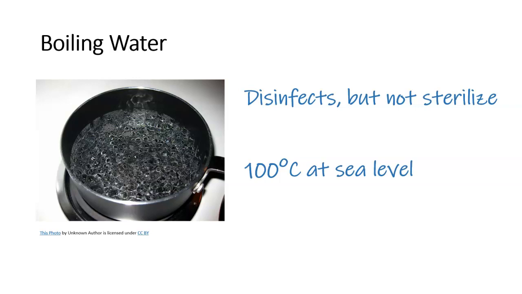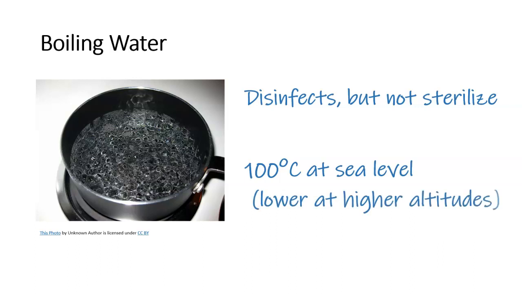And this has been linked to cases of Giardia lamblia or our favorite, beaver fever, where hikers have been out in the woods, they've boiled their water, they think it is safe, but it's not because they're not eliminating the cysts in that situation. So remember, water boils at 100 degrees Celsius at sea level, but at higher altitudes, the temperature that it boils at is lower.